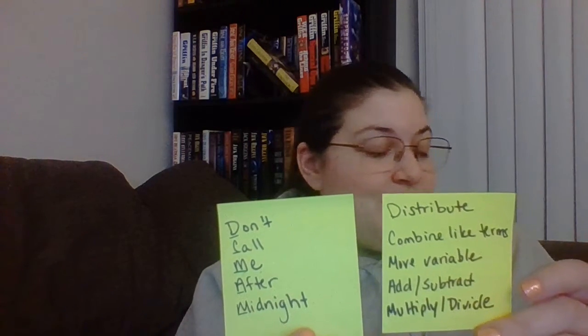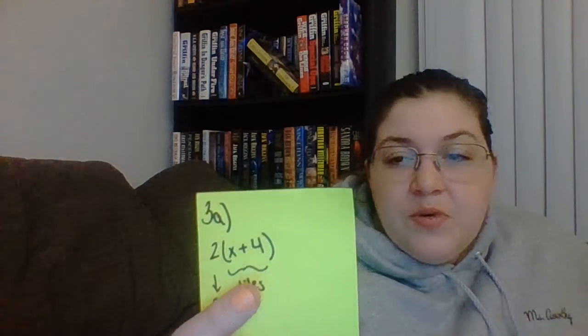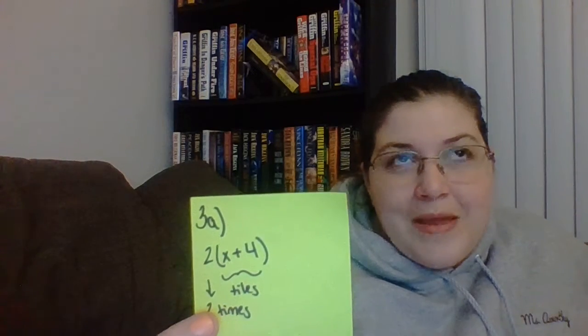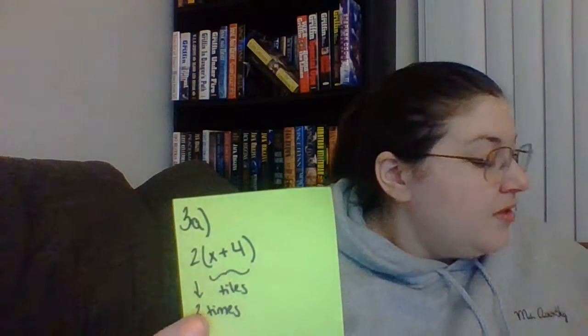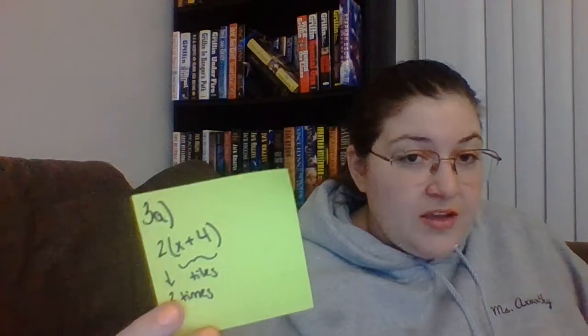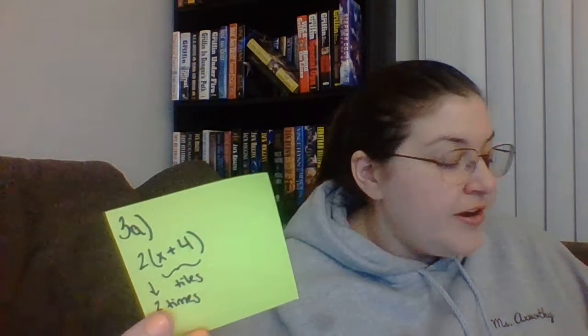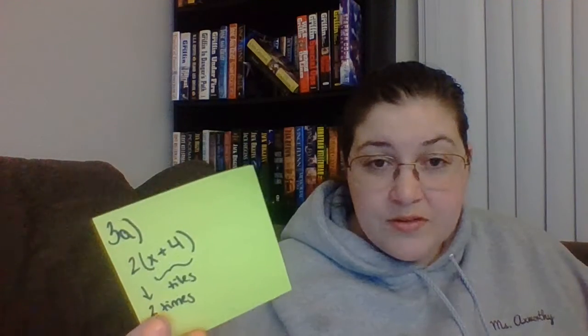Write them down. All right, we have 3a: 2 times the quantity of x plus 4. So x plus 4 is what the tiles are going to be, and 2 is how many groups of tiles. So draw yourself an x tile, it can be any size, and draw yourself 4 1 tiles.